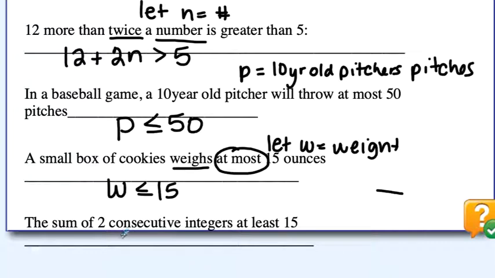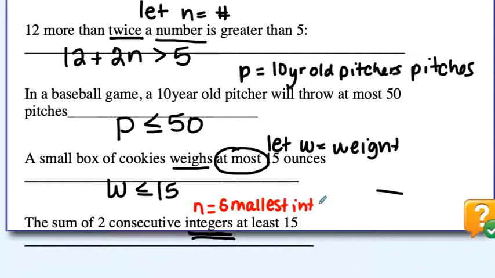The sum of two consecutive integers. Okay, so an integer is a positive or negative whole number, and if they're two consecutive integers, that means they are right next to each other, like 1, 2 are consecutive integers, 5 and 6 are consecutive integers. So we like to use the variable n for it to be the smallest integer that we're talking about. So the next integer, okay, we need to make sure we understand this part.